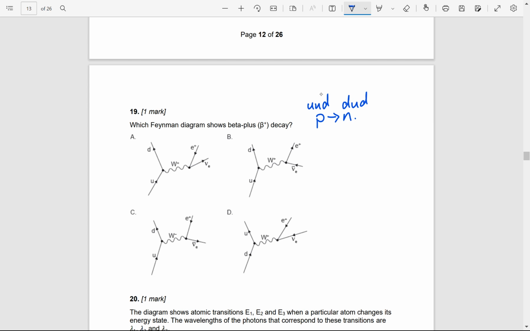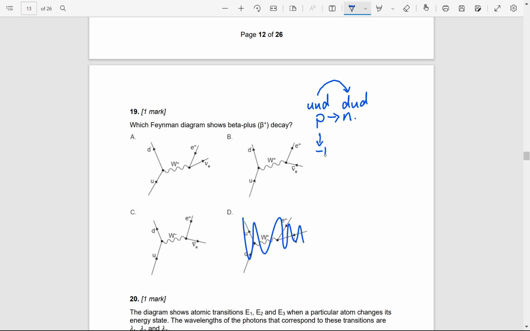So we've got an up turning into a down. So we've got an up going into a down, up going into a down, up going into a down, down going into an up. It's not D. And then if it's beta plus, we've got a proton going into a neutron.